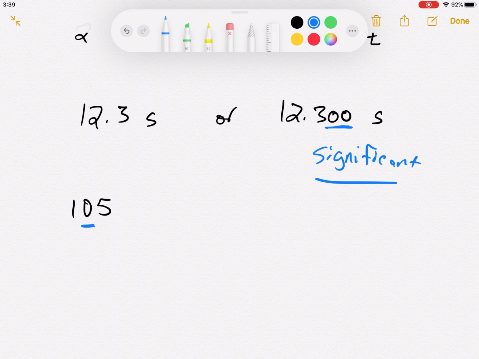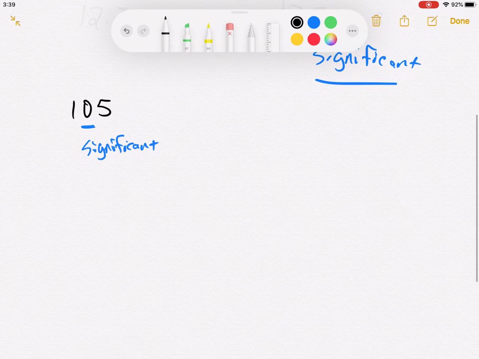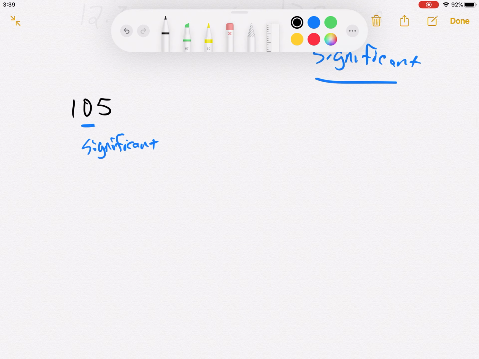Whereas if I go like this, so I'll say significant. Any number that's not 0 is automatically significant. It's automatically telling me something. So the trick is there are some zeros that are not significant. They're there to tell me where the decimal is. So I could do like this. It's really leading zeros. 0.0015.